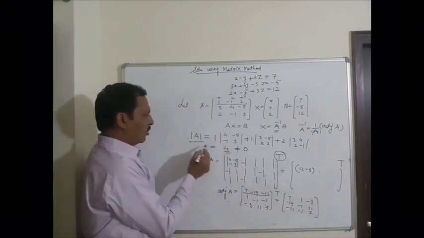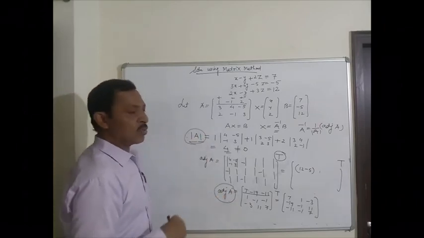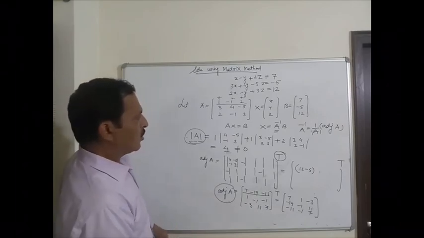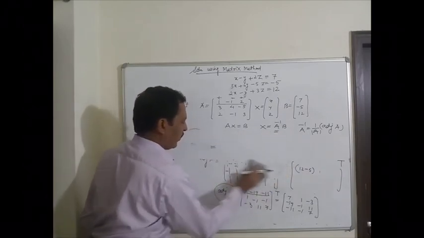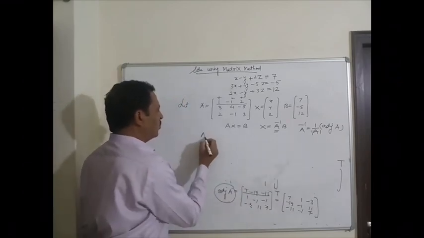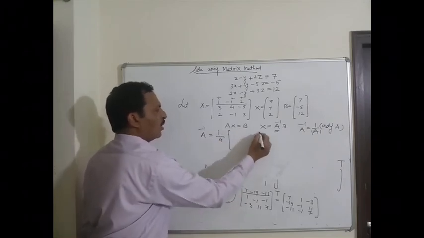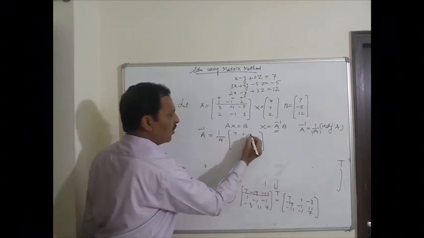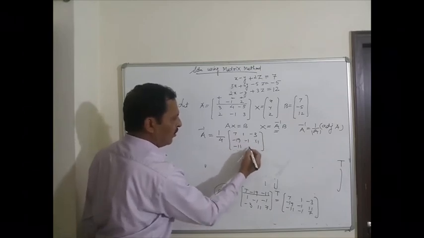I got the value of the determinant. I got the value of the adjoint. Now what I have to do? I have to find the inverse of this. So for finding the inverse, A inverse is equal to 1 upon the value of the determinant, which was 4, and this particular adjoint, which has come after the transpose: 7, 1, -3, -19, -1, 11, -11, -1 and 7.